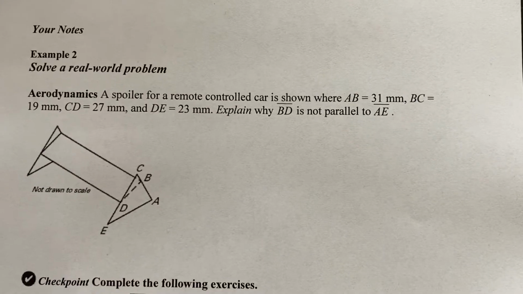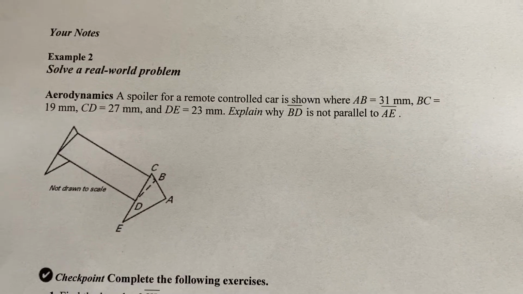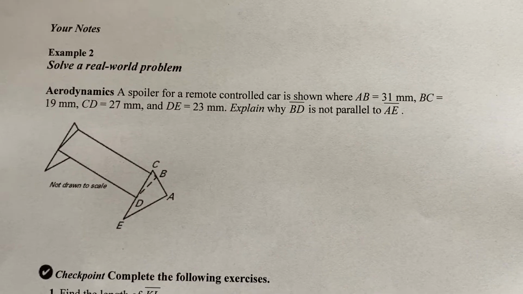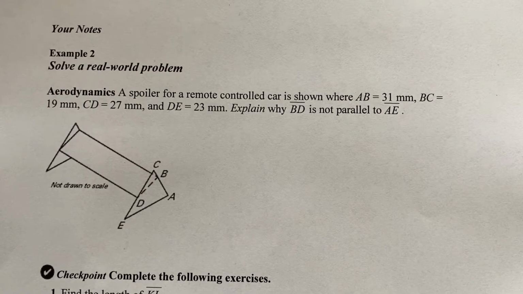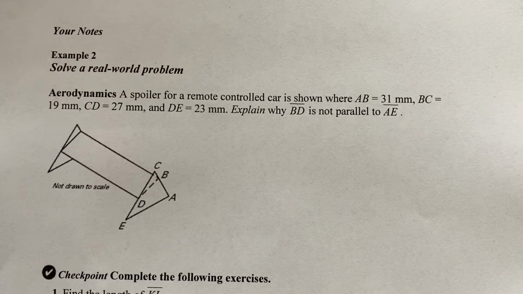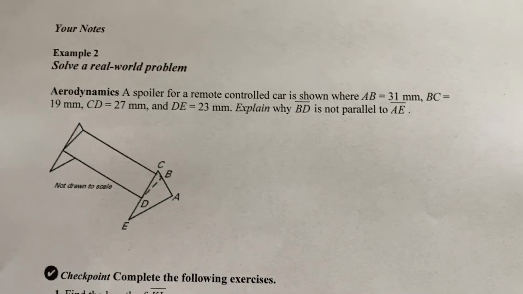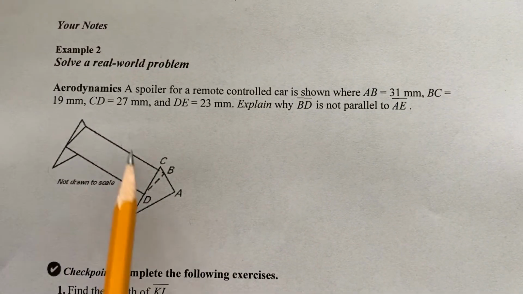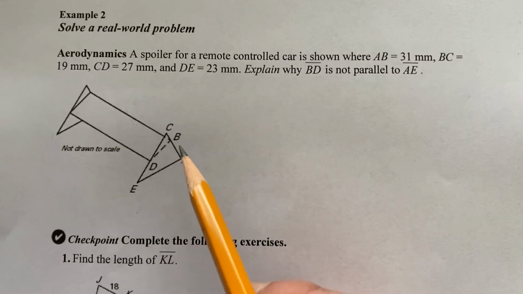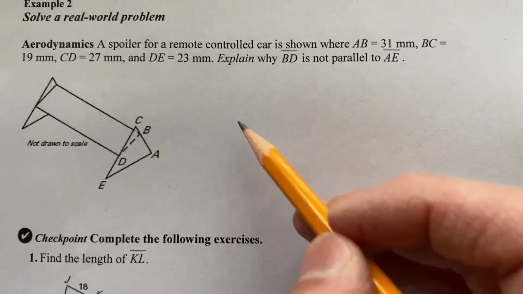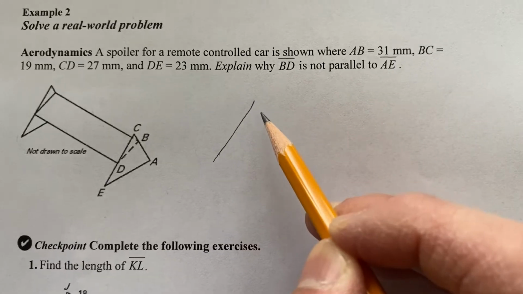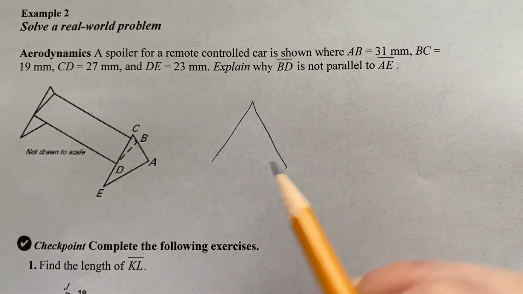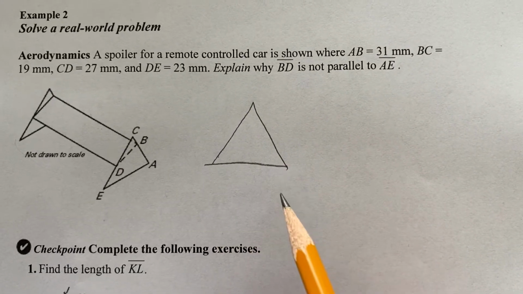A spoiler for a remote control car is shown where AB is 31, BC is 19, CD is 27, DE is 23 millimeters. Explain why BD is not parallel to AE. This is some spoiler at the end of a car, towards the trunk. What you can do is maybe redraw that triangle and label it so we can make it a little bit bigger.